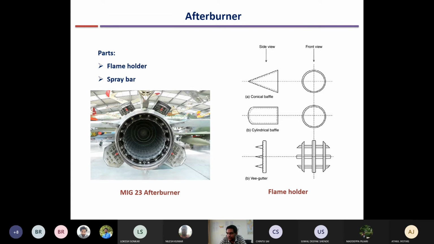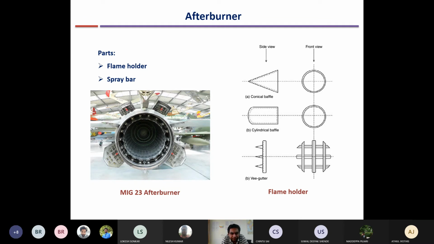As a result you have more energy for expansion in the nozzle, so you get much larger exit velocity from the nozzle, so much larger thrust is generated, but only for short durations. Afterburners are only used for short duration because it is not very fuel efficient. So although you can get very large thrust for very short durations, the fuel efficiency is very low. Specific fuel consumption is high.